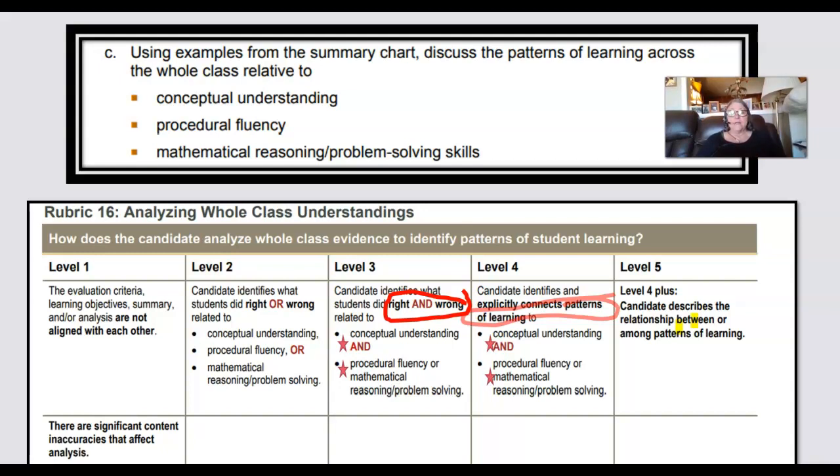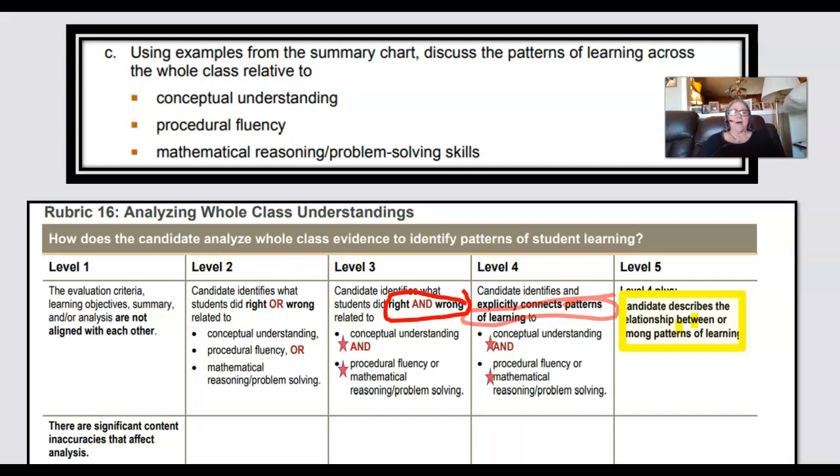They're rare, and as they should be, because it does indicate someone who is at the level of an experienced teacher. So a candidate describes the relationship between or among the patterns of learning. So not only would you identify and explicitly explain your patterns of learning, connecting them to conceptual understanding, you would start to talk about how your different patterns of learning came together, how they all related to each other.